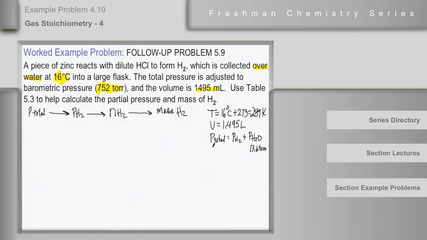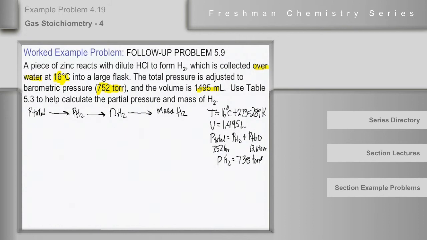So we have 752 torr is equal to pH2 plus 13.6 torr. So the first calculation, we can show that the partial pressure of hydrogen by itself is 738 torr. That's the first part of the problem.